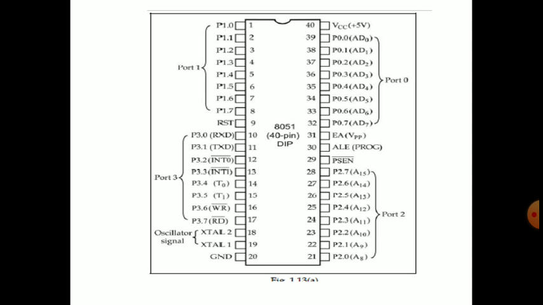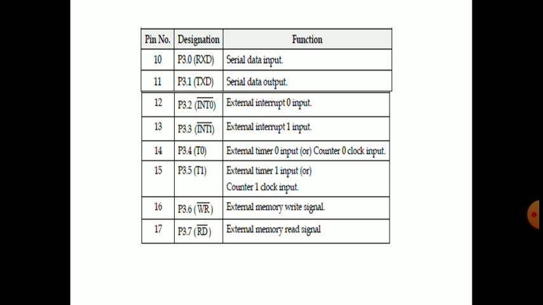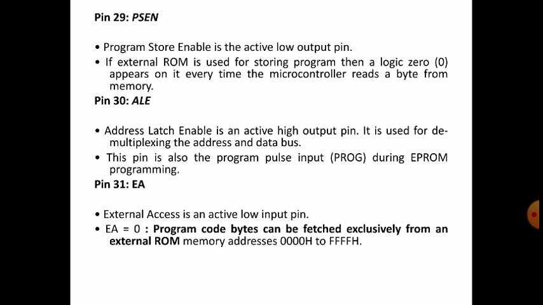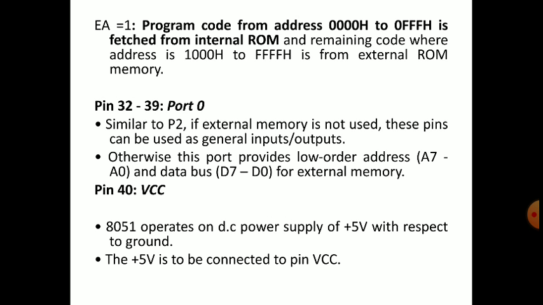That means either input output pins or AD0 to AD7, address and data 0 to address and data 7 pins. So if you don't use the external memory, then you don't need to use AD0 to AD7, and we can use those pins as input and output pins. Otherwise, this port provides the low order address and data bus for external memory.